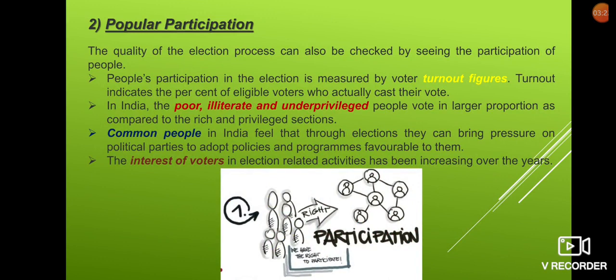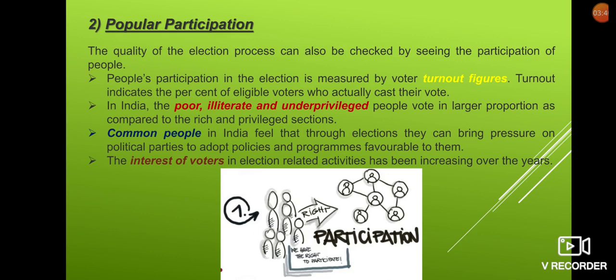The second justification is popular participation. The quality of the election process can also be checked by seeing the participation of the people. People's participation in the election is measured by the voter turnout figure.